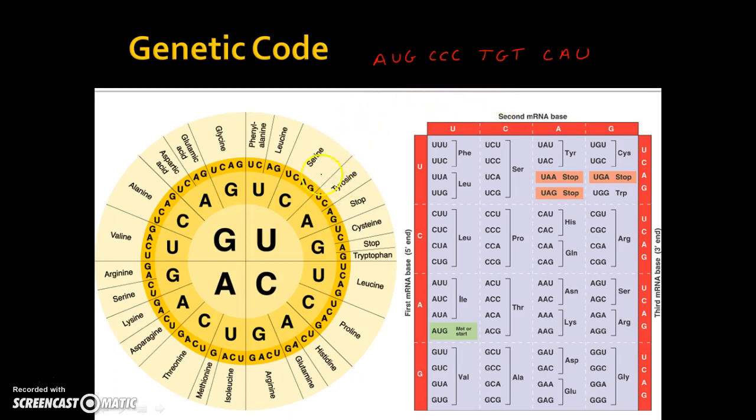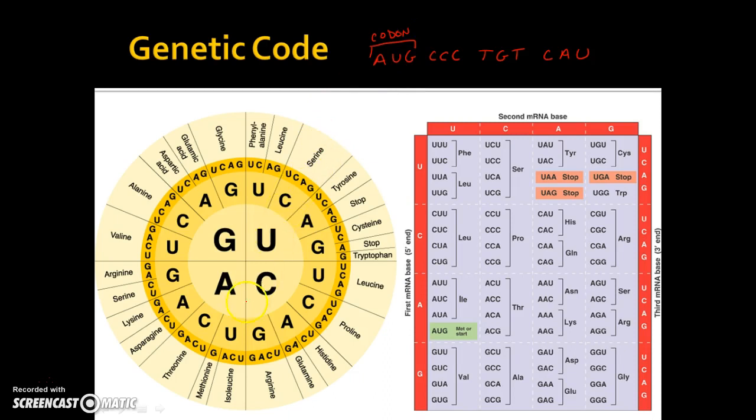We would take this chart right here and we'd have an A, a U, and a G, and that's going to code for methionine. This right here is called our codon.